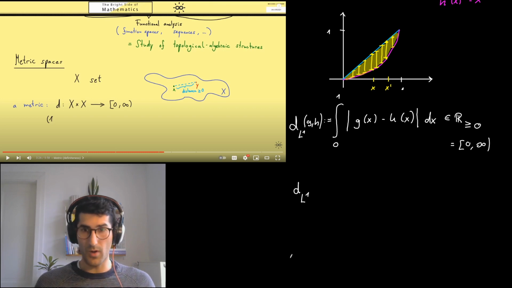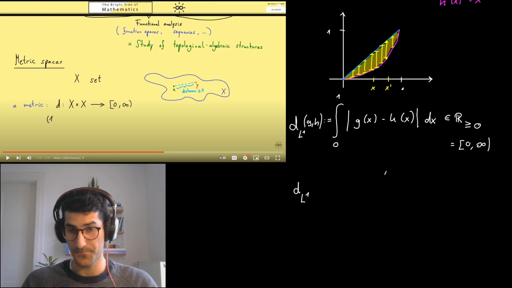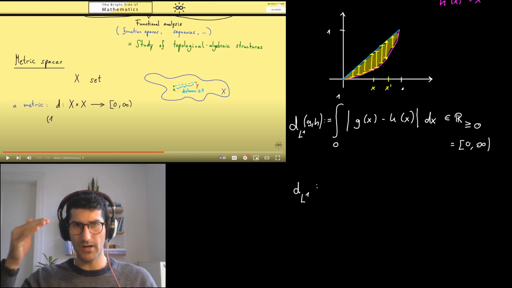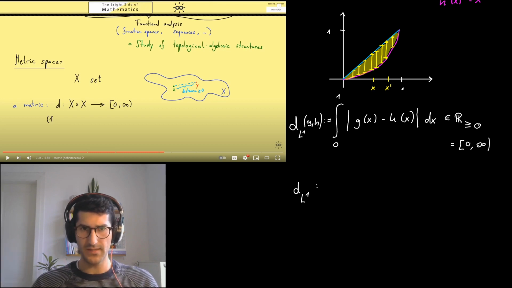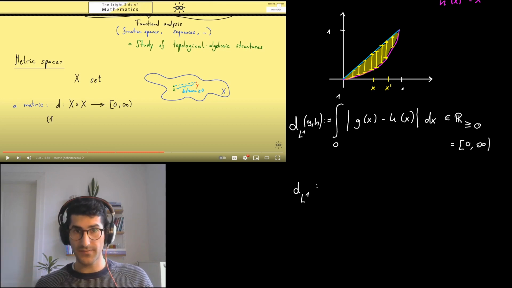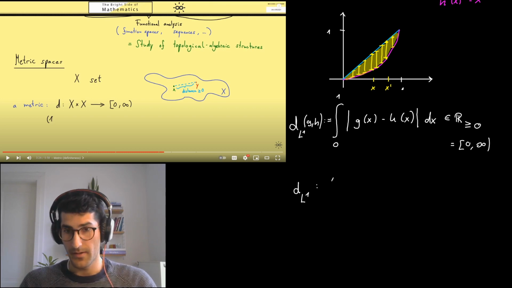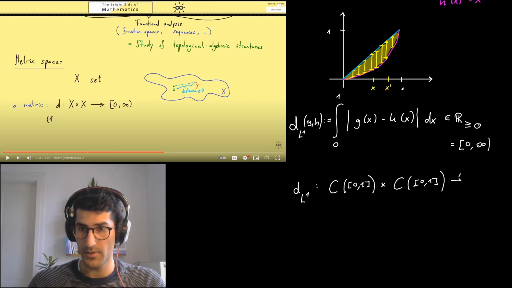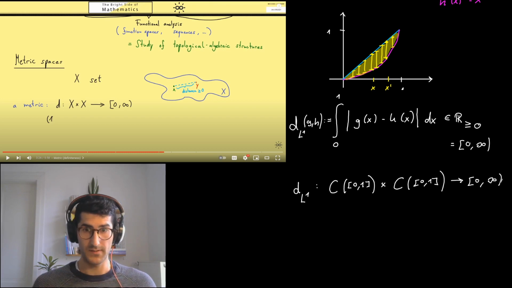So let me just copy down this definition in our case. d_L1, our L1 distance, is a map that is defined on our set. Recall what our set was. It was the vector space V that we defined to be the continuous functions on the unit interval. So I'm just copying the name of the space: continuous functions on the unit interval, times, so the Cartesian product, continuous functions on the unit interval, and it maps to the interval 0 to infinity, the non-negative real numbers.